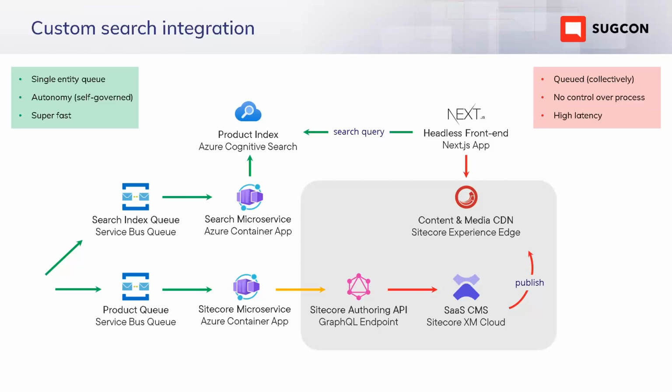We can't control it, so that's what I said in my explanation, that you have to take into account the governance of your model. But it's also queued with a whole lot of other events. And this means that if you now search on our front end, you will find search results that contain a certain product, but when you click on it, it's not yet available, so you get a 404.